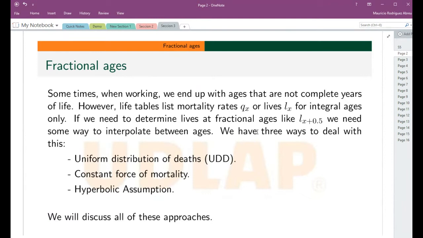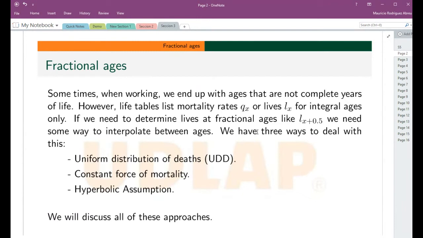The first one that we're going to discuss tonight is the uniform distribution of deaths. Essentially, we will assume that all deaths are uniformly distributed in 1 year. The second one is constant force of mortality, and we will find some nice expressions with that assumption when we estimate the probability of surviving t time in the future, where now t is less than 1.